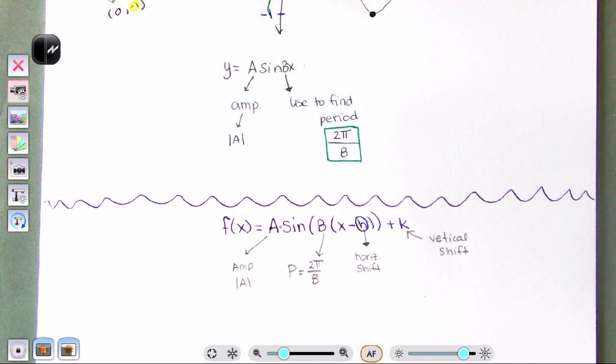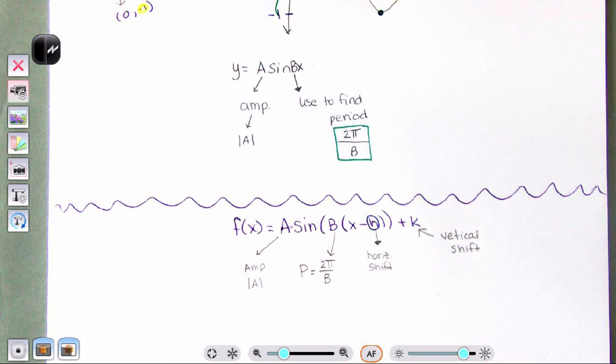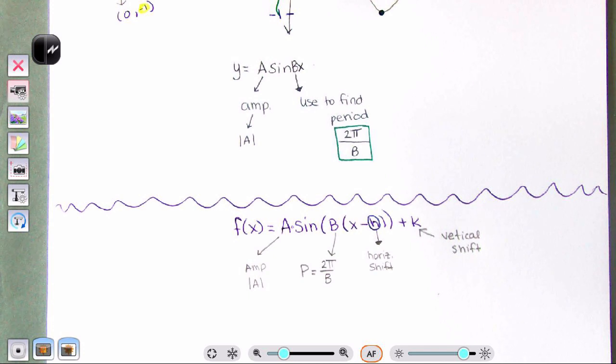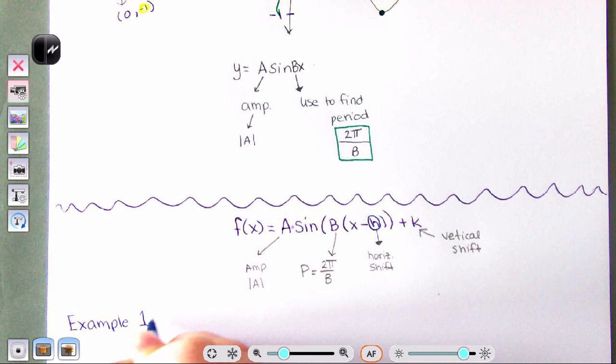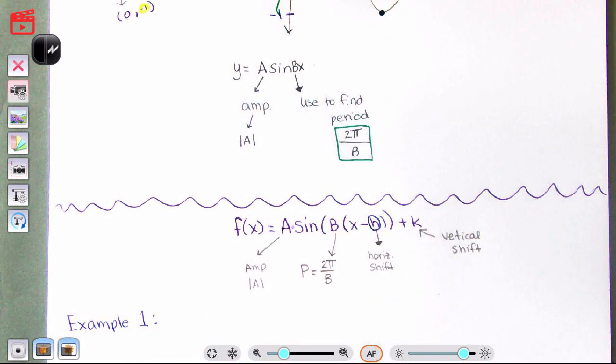So think opposite when you think horizontal shift. Okay. So now we have our definitions or translations, and then let's start out with an example. All right, so for an example, let me actually find one here.